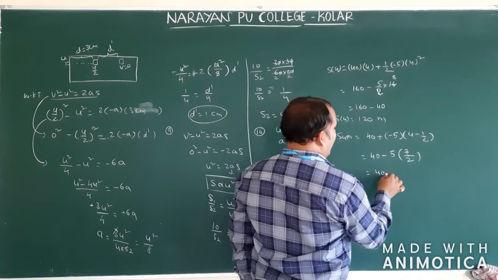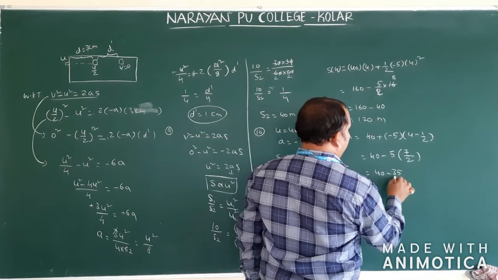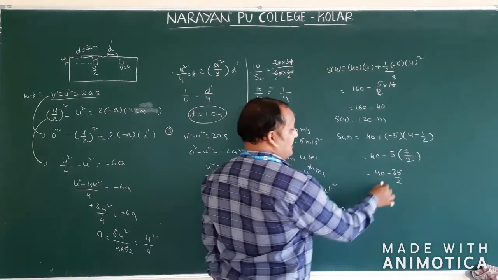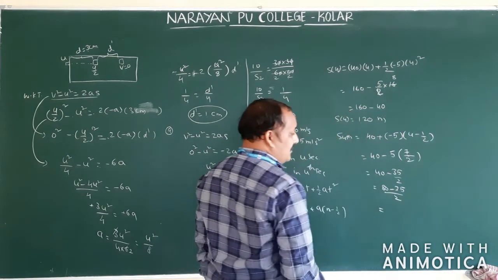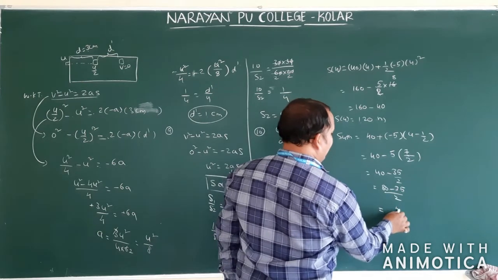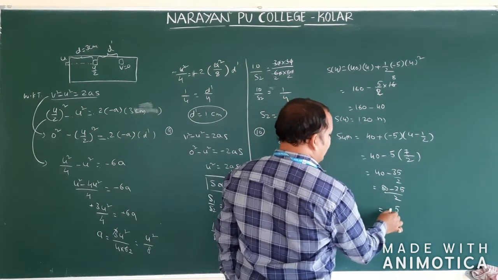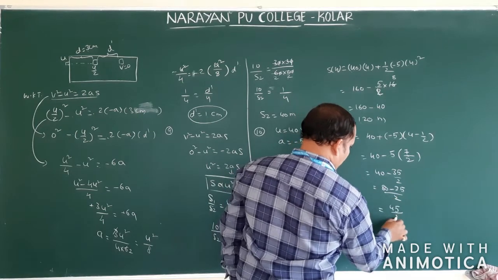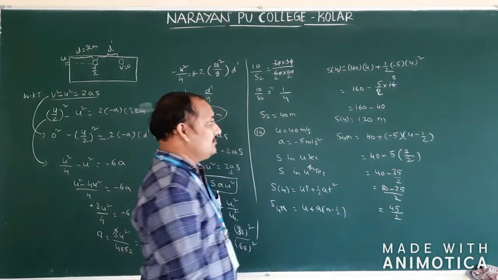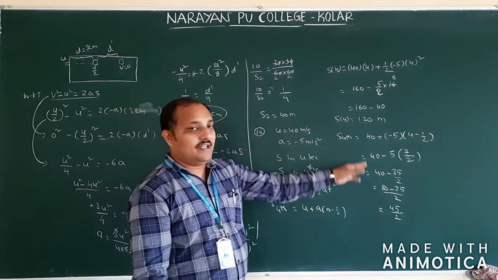Okay. So 40 minus 35 by 2. How much you get? 80 minus 35 by 2. 80 minus 35. 0 minus 5, 5. 7 minus 3, 4. Correct only? 45 by 2. That is the distance covered in 4th second.